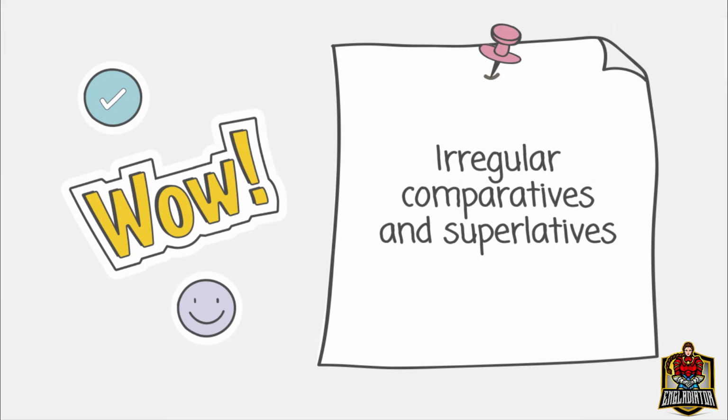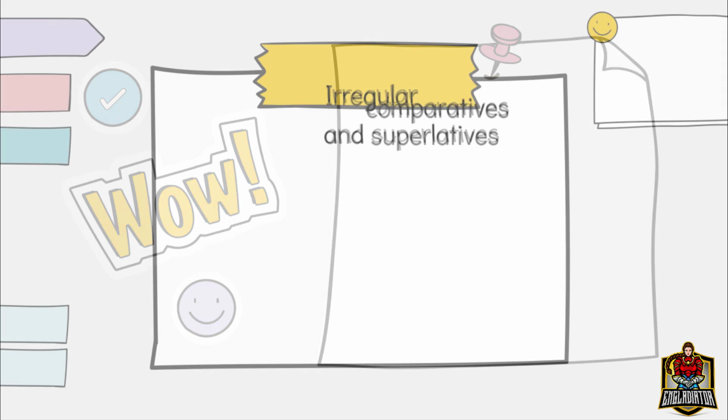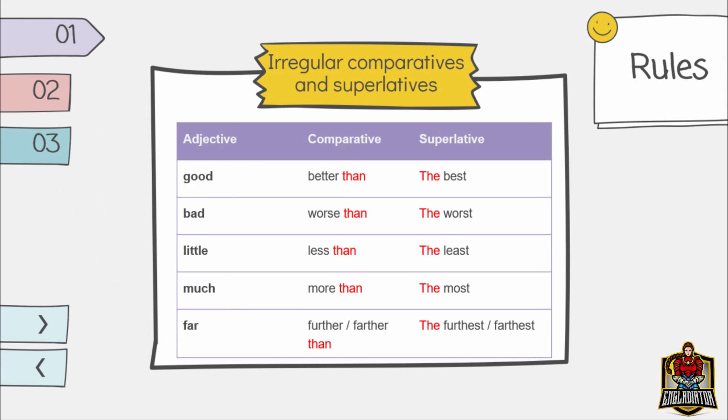Irregular comparatives and superlatives. These very common adjectives have completely irregular comparative and superlative forms, and you must learn them by heart. For example, good will be better than and the best.